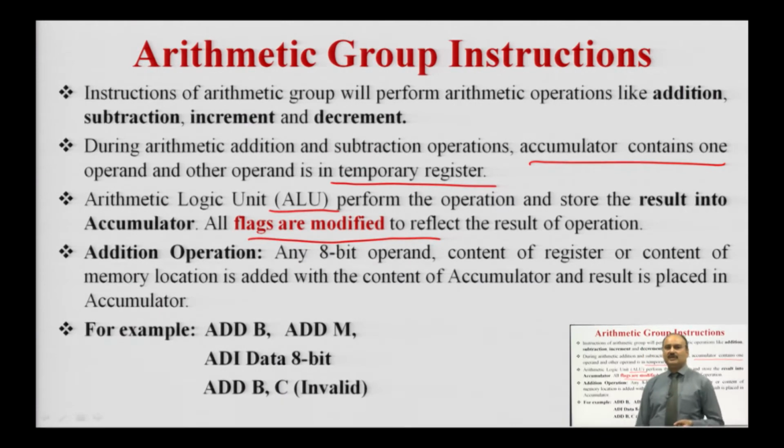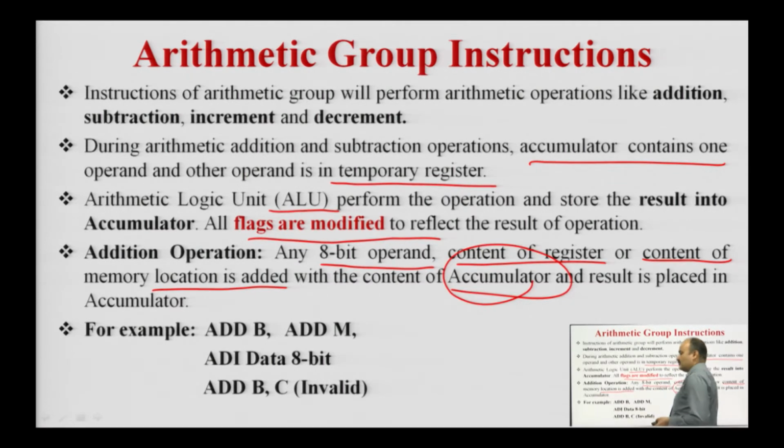So, any 8-bit operand, that is, the content of the register or the content of the memory location, is added with the content of the accumulator. The accumulator always comes into picture during the arithmetic operation, and the result is always stored into the accumulator.